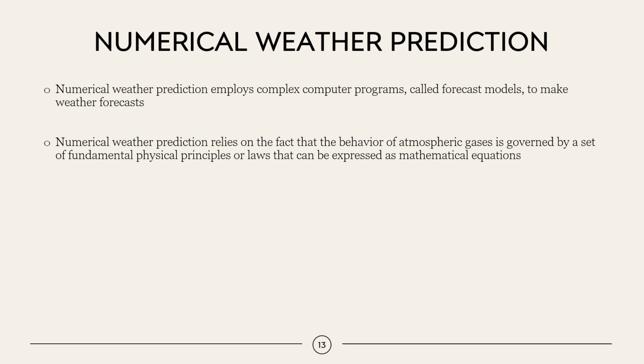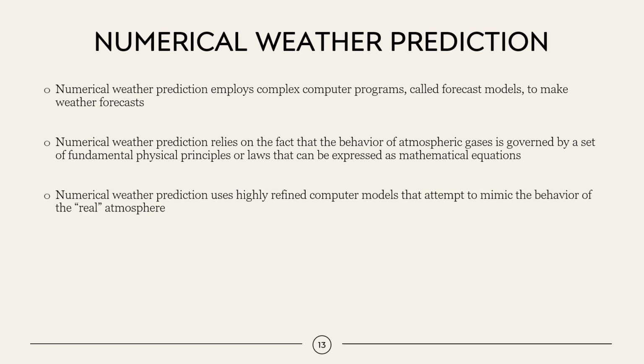It relies on the fact that the behavior of atmospheric gases is governed by a set of fundamental physical principles or laws that can be expressed as mathematical equations, for example, the ideal gas law and the laws of thermodynamics. And so numerical weather prediction uses highly refined computer models that attempt to mimic the behavior of the real atmosphere.